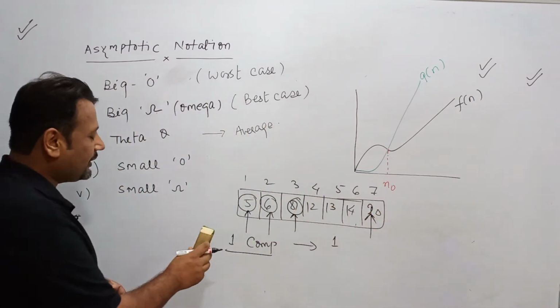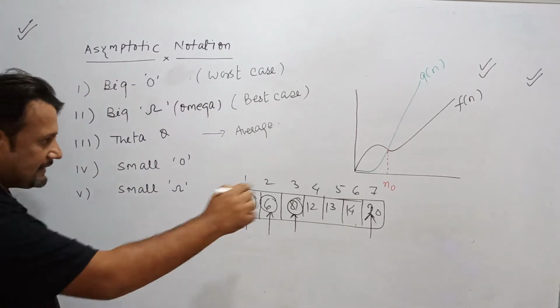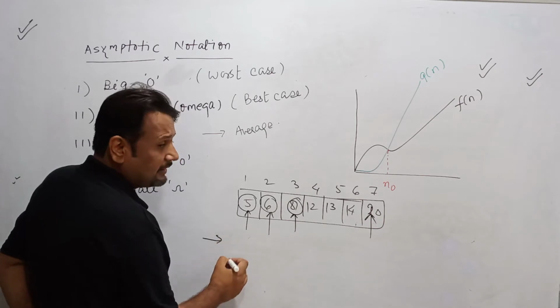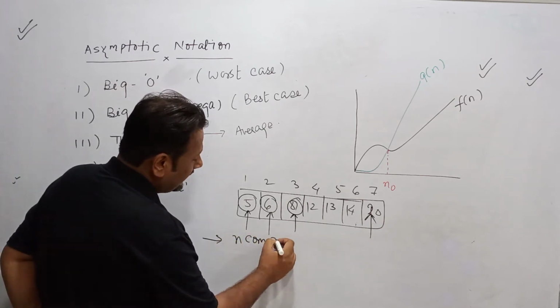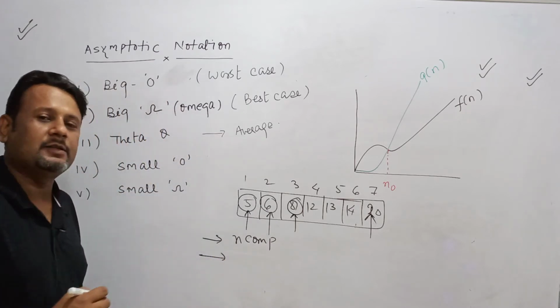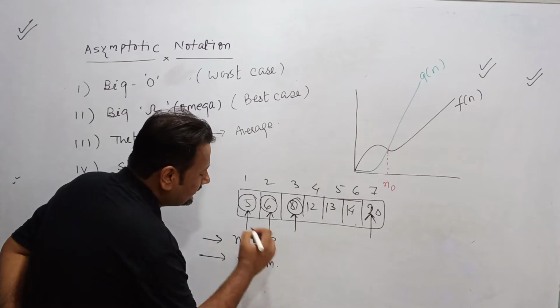If I am looking for the maximum number from a sorted array, in the best case I will get that number after how many comparisons? N comparisons. In the worst case also, how many comparisons do I need? N comparisons.